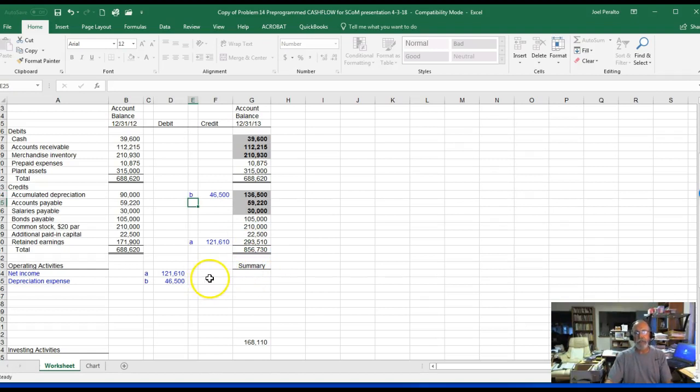So again, as you can see, for each item given, we need to have a debit or debits and a credit or credits, which represents the transaction that is being focused on and given to us in the text to analyze and record.